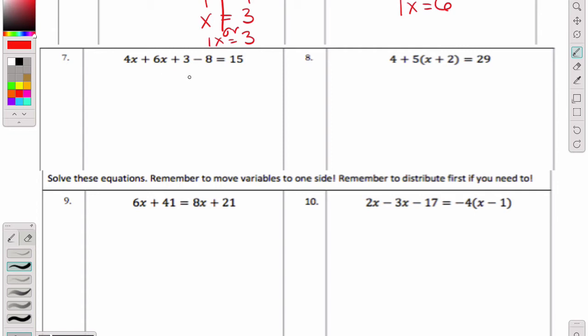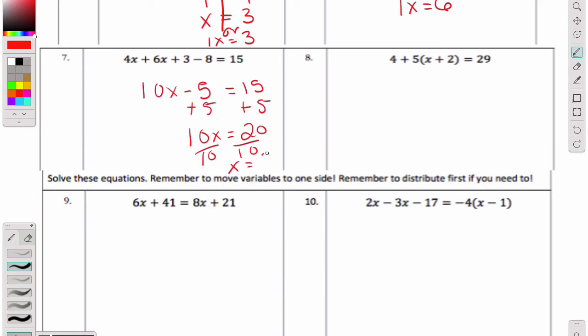So we can combine them. And we end up with 10x minus 5 equals 15. We're going to add 5 to both sides. And we get 10x equals 20. Divide to make 1, we get x equals 2.